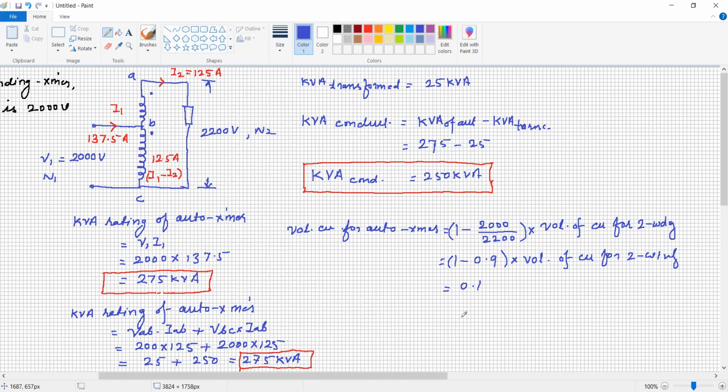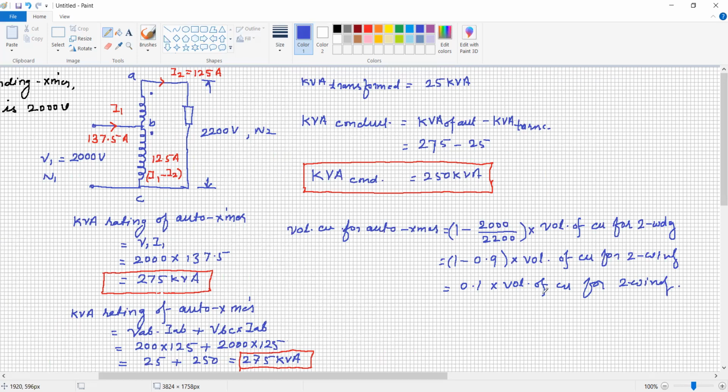So what is the saving? It is 0.1 multiplied by the volume of Cu for two winding. Let 100 kg of copper be required for the two winding transformer, then the copper required for the auto transformer is 0.1 multiplied by that value, say 10 kg.